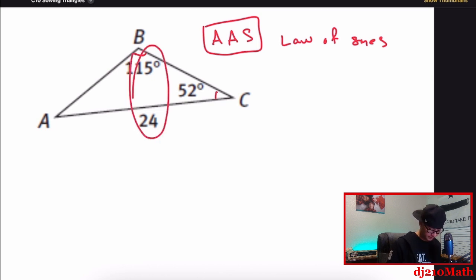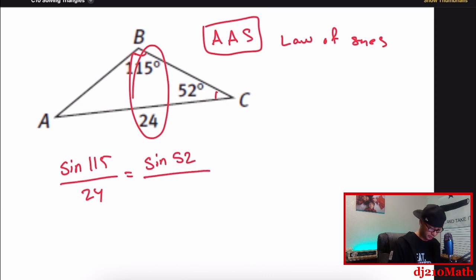So sine 115 over 24. And this is equal to sine 52 is the other angle. And what's across from this angle? We'll call this little c. So little c. Okay, solving for little c. This is definitely cross multiply and divide.